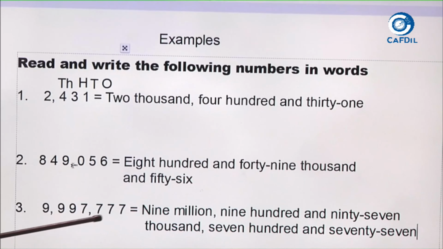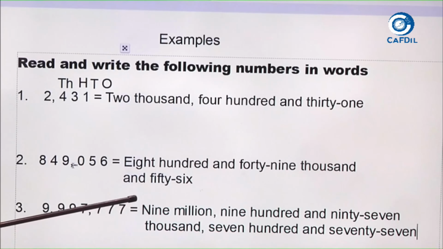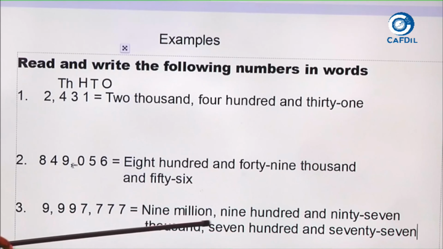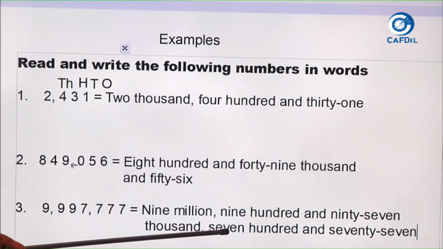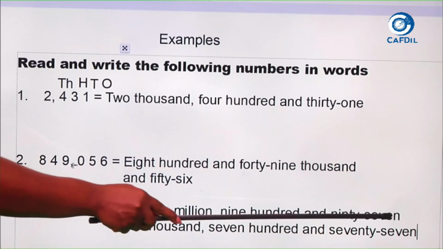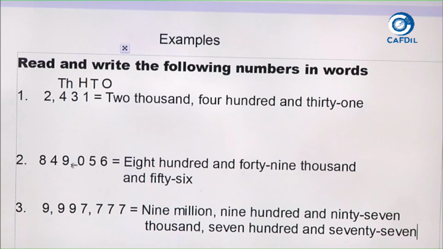So we have read this number, 9,997,777. So after every group name, you bring a comma. That is how it is done.